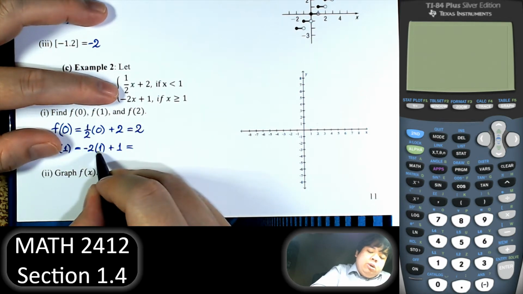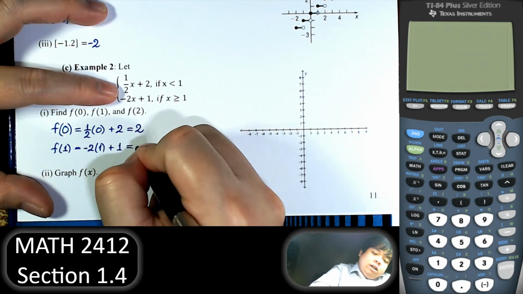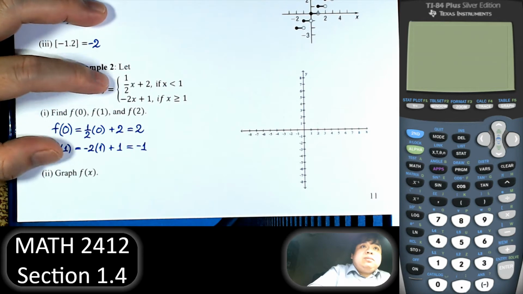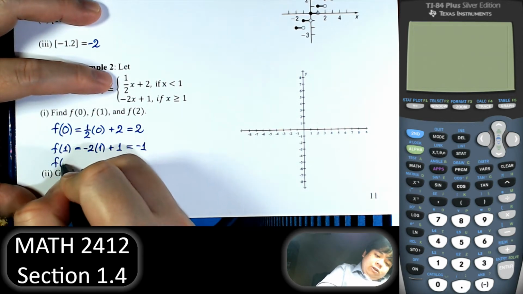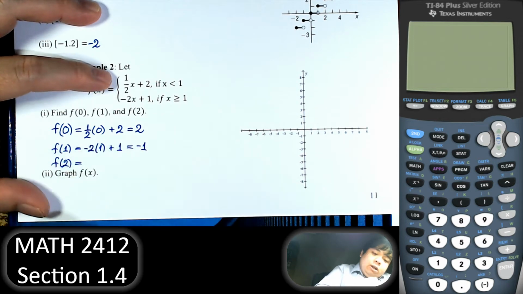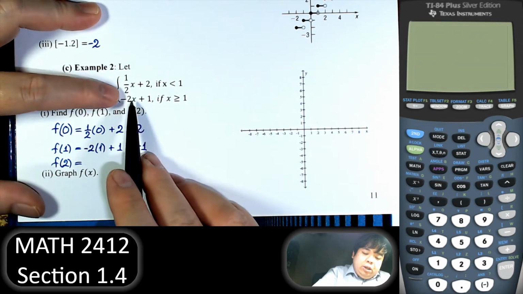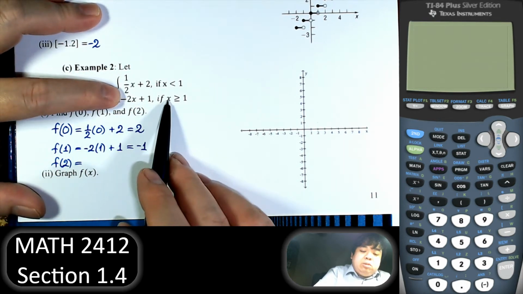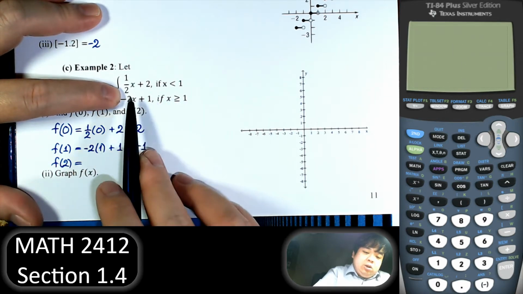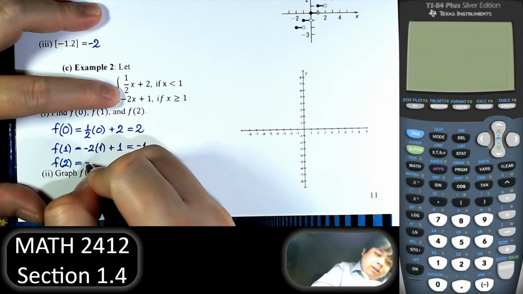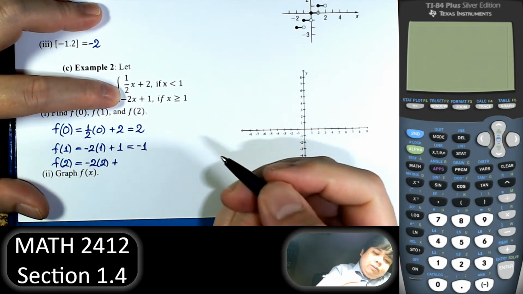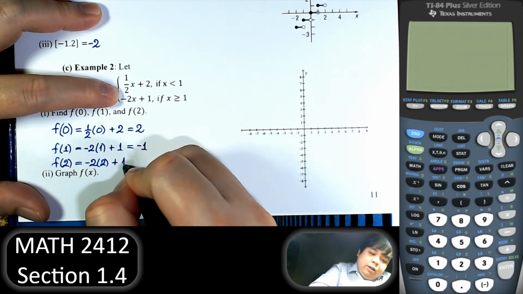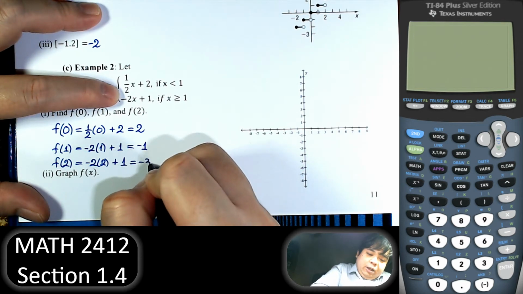Negative 2 plus 1 is negative 1. And then f of 2. We put 2 into this function because 2 is greater than or equal to 1, so we use this part, and that gives negative 3.